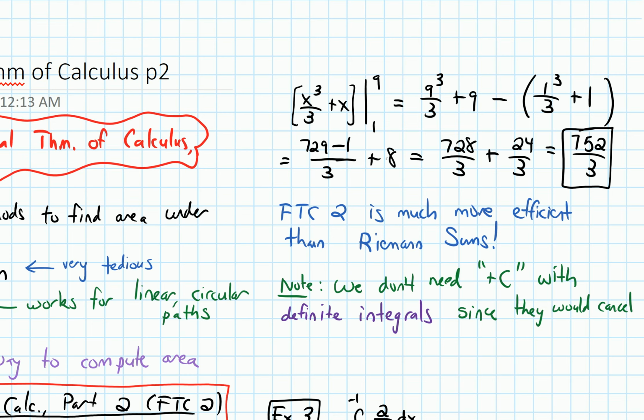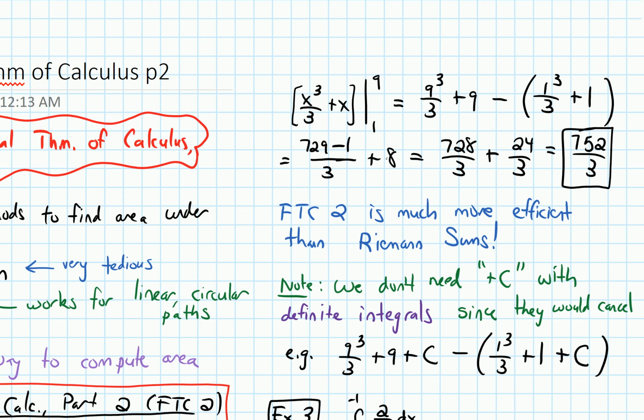So for example, if I were to have put a plus c in my antiderivative up here and plugged in 9 and 1, we would have gotten 9 cubed over 3 plus 9 plus a c, and then minus, when you plugged in 1, we would have gotten 1 cubed over 3 plus 1 plus that c.